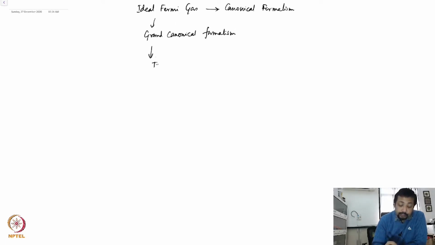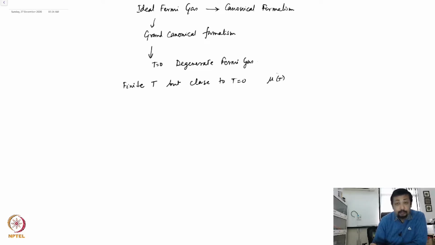So we have looked at the T equal to 0, which is the degenerate Fermi gas, and we have also looked at finite temperature but close to T equal to 0. We have seen how mu, the chemical potential, depends on this temperature, how the internal energy depends on the temperature, and the specific heat depends on the temperature.